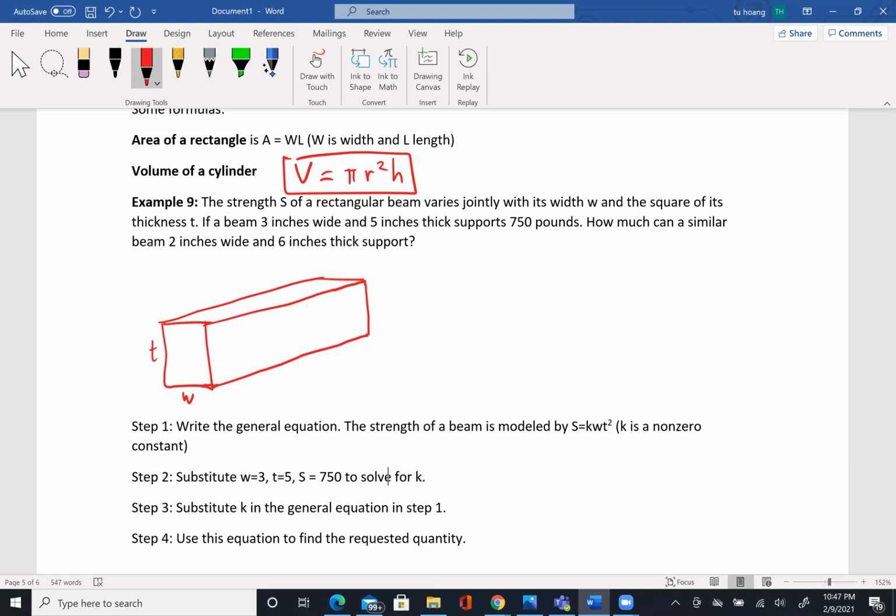So I will have 750 equal to K times 3 times 5 squared.